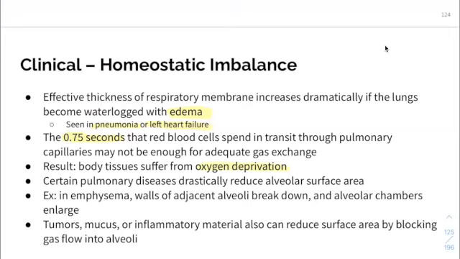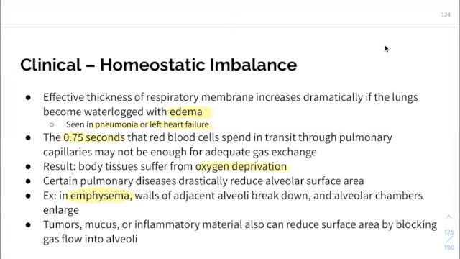and something like emphysema. The alveoli, their walls break down. So the chambers for the alveoli get bigger, which means there's not as much surface area within that lung for gas exchange, because all those really small alveoli create a much larger surface area.